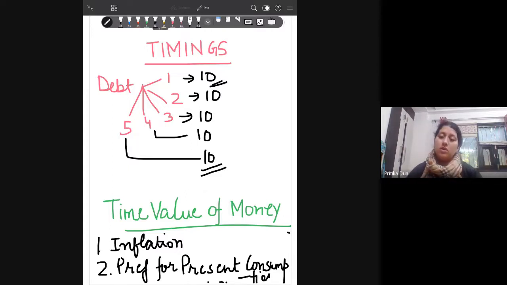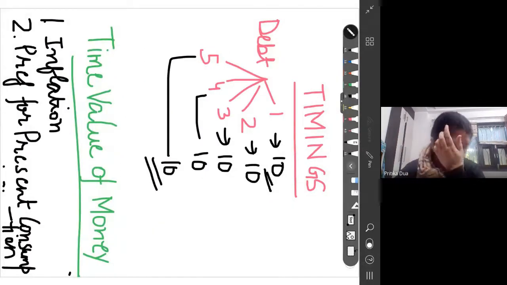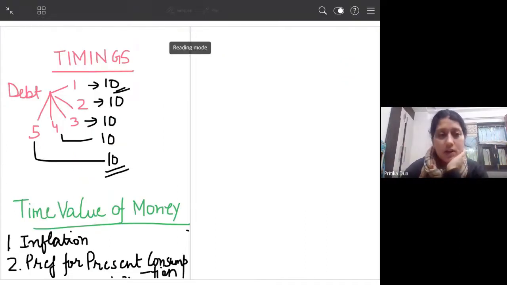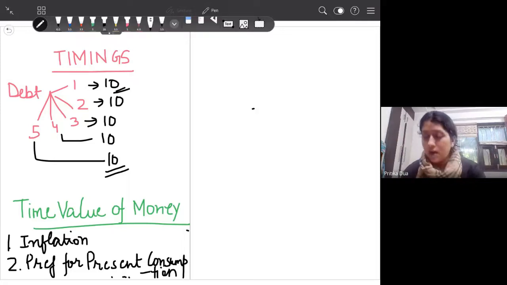You have given me 50,000 rupees, and I give you two options: I will return the loan after 1 month, or I will return the loan after 1 year. What would you prefer? Getting back the loan after 1 month obviously would be the preference because future is uncertain.